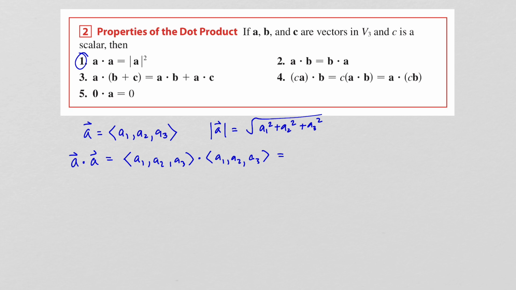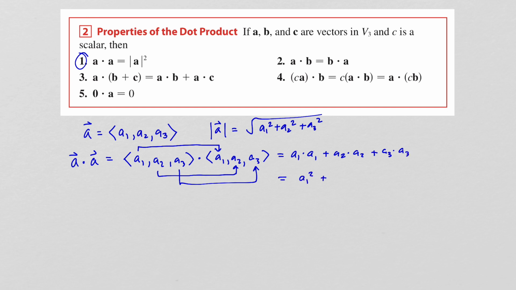And the definition of the dot product tells us we are going to take A1 times A1 plus A2 times A2 plus A3 times A3. And this, of course, is A1 squared plus A2 squared plus A3 squared.